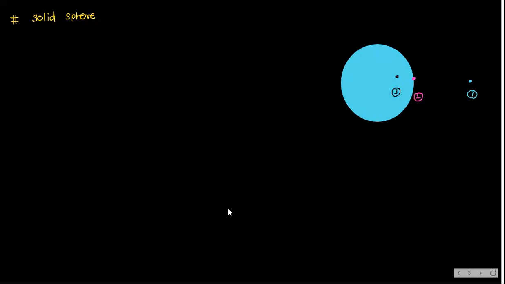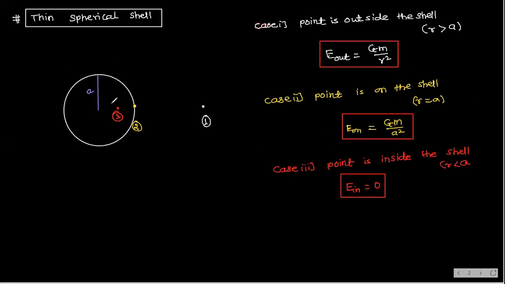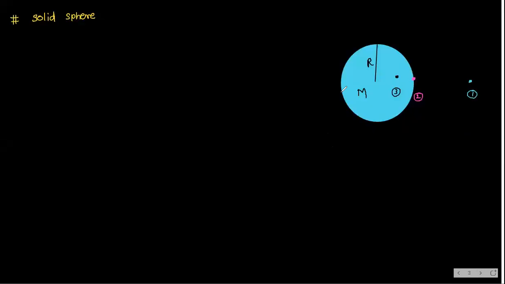You can say case 1, 2, 3 also. And let us assume that this solid sphere is having radius capital R and its mass is, let us suppose, capital M. Same like here also, the thin spherical shell is having mass small m. Likewise here, this solid sphere is having mass M and radius R.